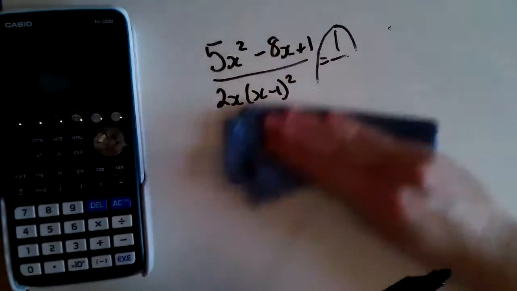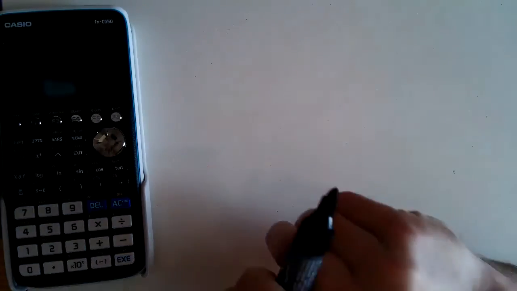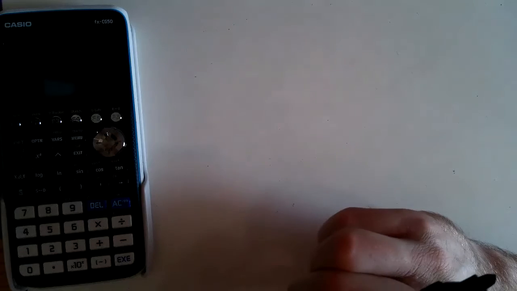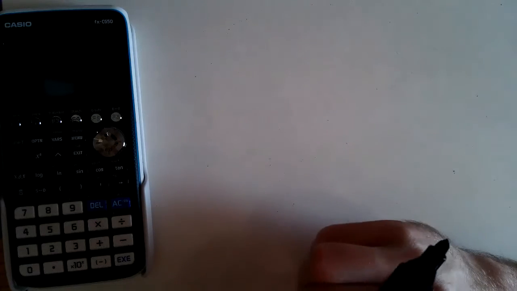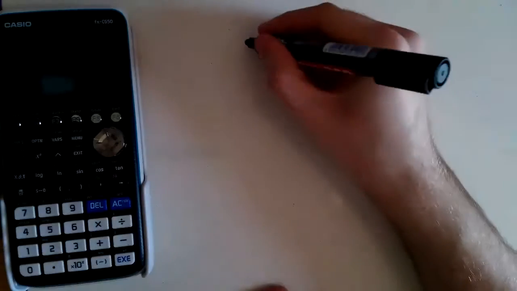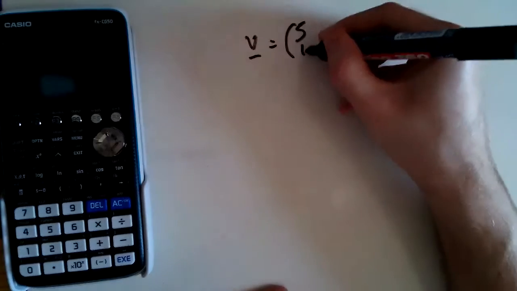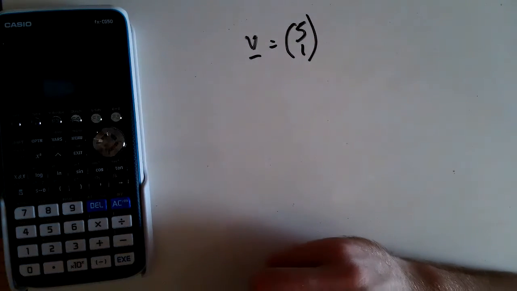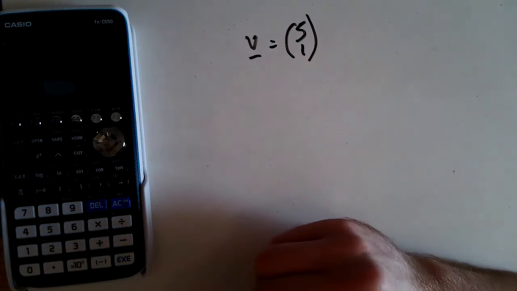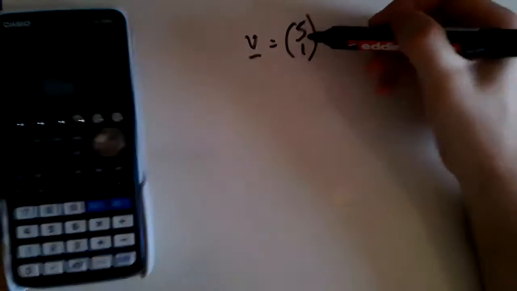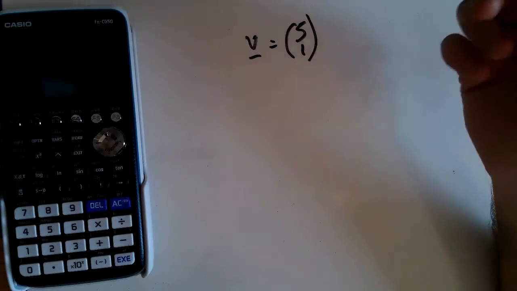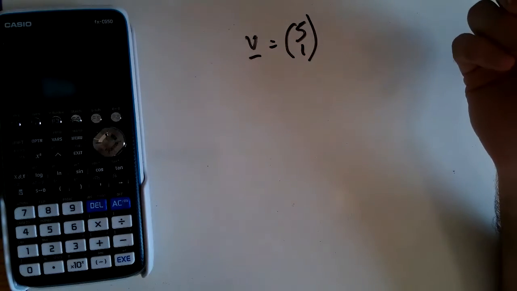And then question 5. A fly is traveling with constant velocity 5i plus j. Now, constant velocity, so if you try and use SUVAT, that means u and v are both this, and a would be 0, because constant velocity means no acceleration.